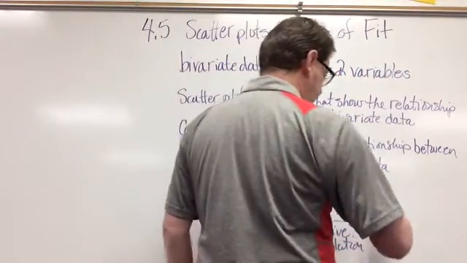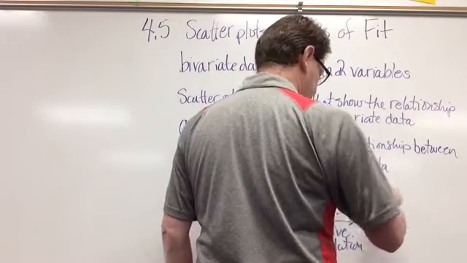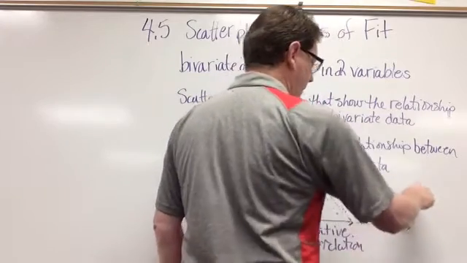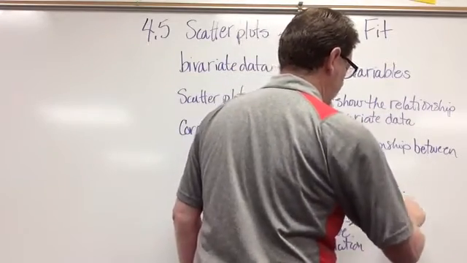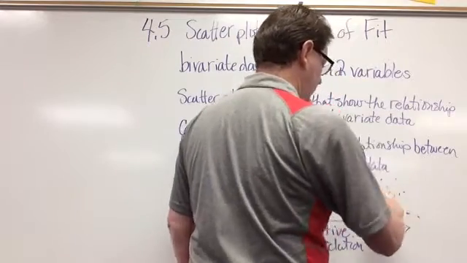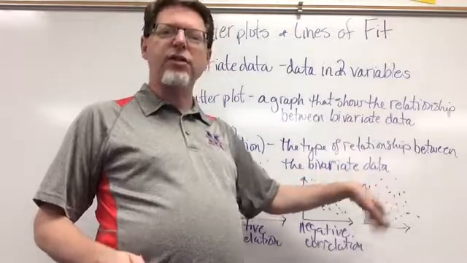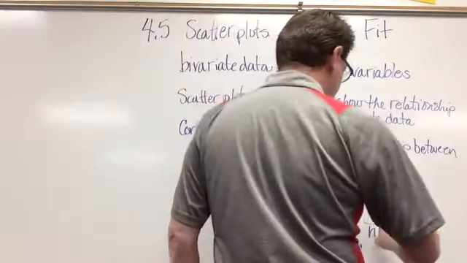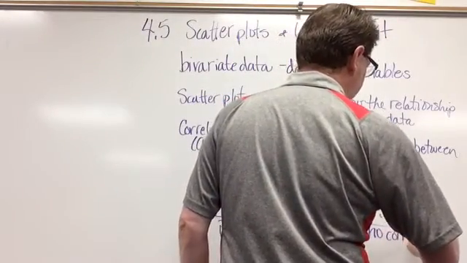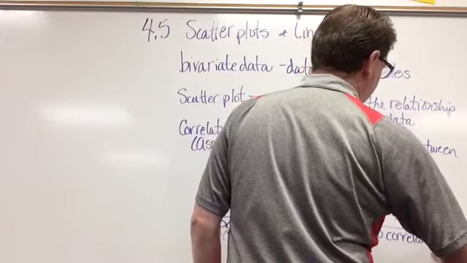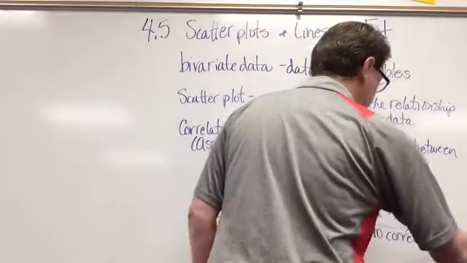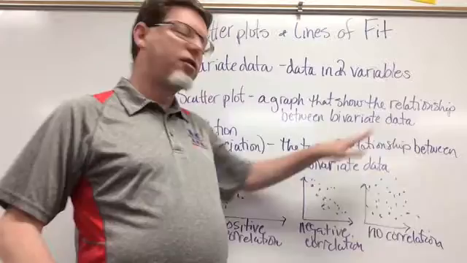And the last type of correlation that we'll look at, draw an x and a y-axis. This kind of correlation is no correlation. Because the scatter plot is scattered all over the place.